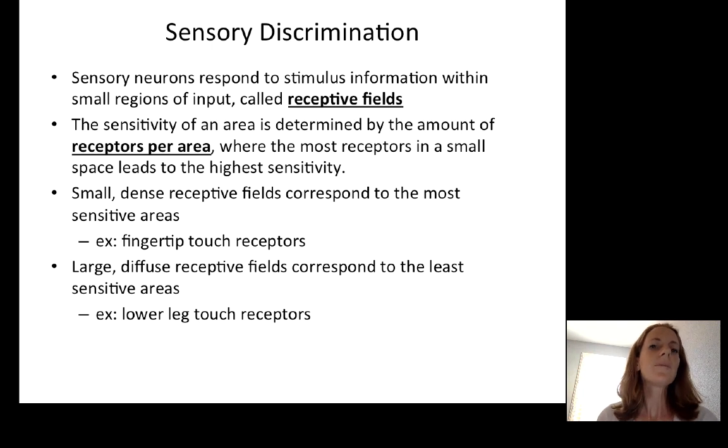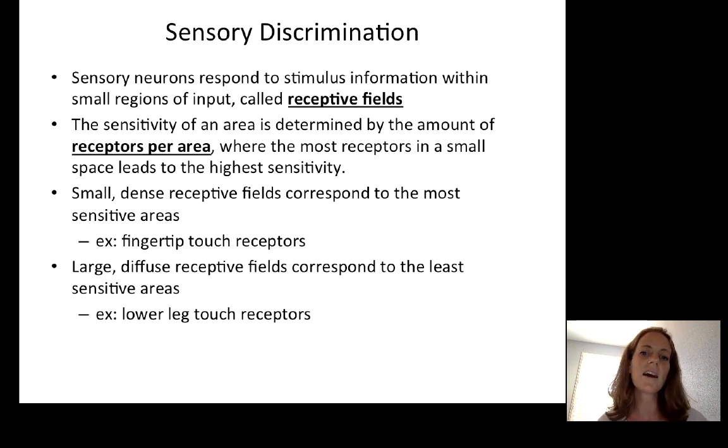Discrimination of a sensory stimulus, or being able to tell what it is, happens through something called receptive fields. Sensory neurons respond to stimulus information within small regions of input. In any particular region of your skin, you will have a tiny area that is loaded with sensory receptors.